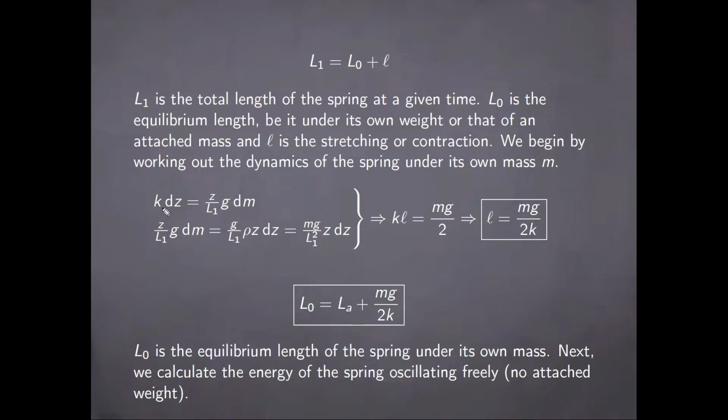So first of all, I wrote here Hooke's law for an element of length of the spring, and I want this force to be equal with the force of gravity of the whole mass of the spring that's hanging on top of this length element.